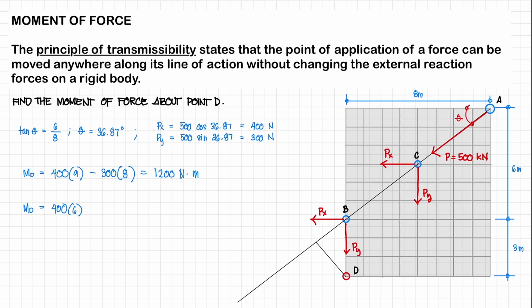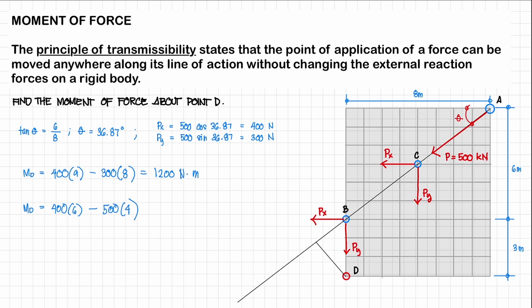Again, this one is going to rotate in a clockwise direction. That means this is going to be negative. So we're going to subtract this one. And our Py is 500. So for the perpendicular distance, we have this distance, which is equal to 4 meters. So we're just going to multiply this by 4 meters.